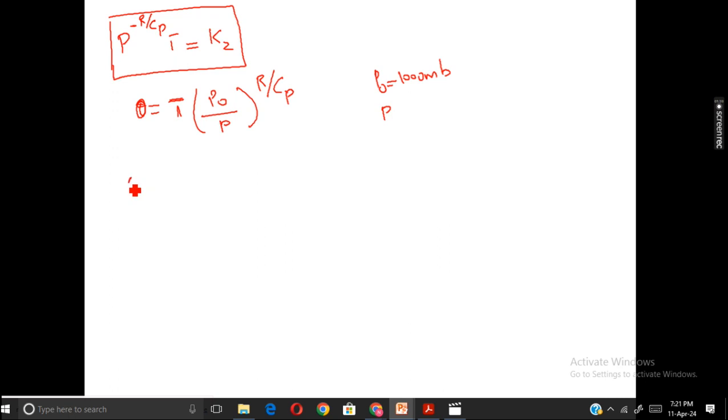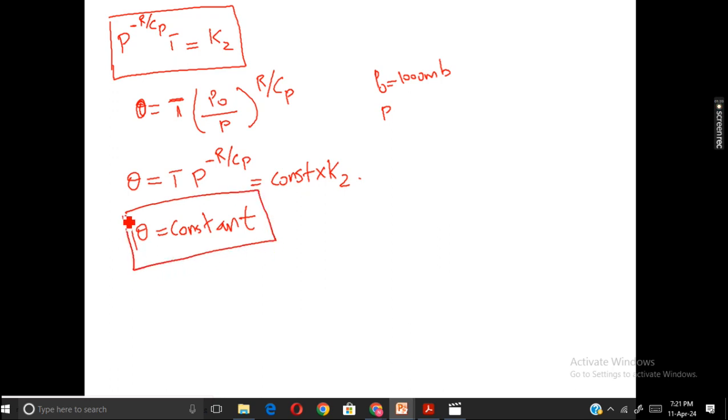From this we can write theta is equal to, if P0 is considered to be constant, T into P raised to minus R by Cp, which is equal to a constant K. So this will reduce to T into P raised to minus R by Cp is equal to constant, which basically means theta is equal to a constant.